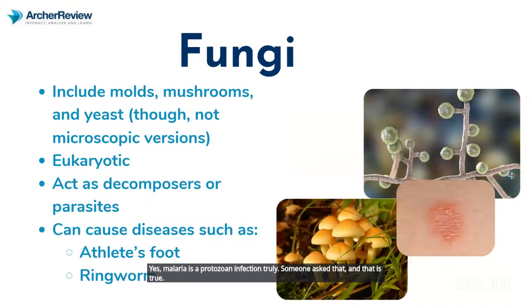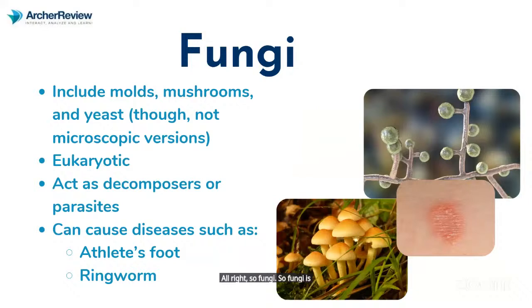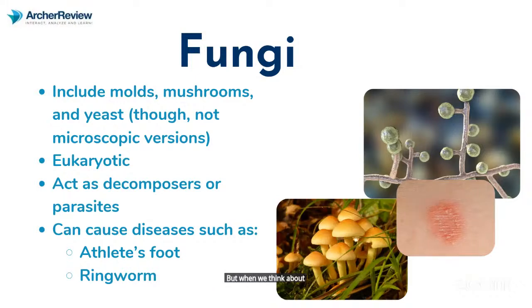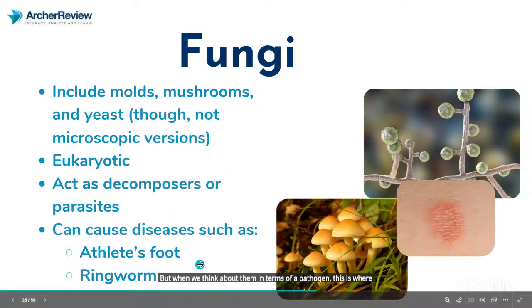All right, so fungi. So fungi is another one that's kind of odd because there are versions that we don't have to have a microscope for, right? Fungi is a broad category that includes molds and mushrooms and yeast. And molds and mushrooms we can see. But when we think about them in terms of a pathogen, this is where we're looking at two primary things.